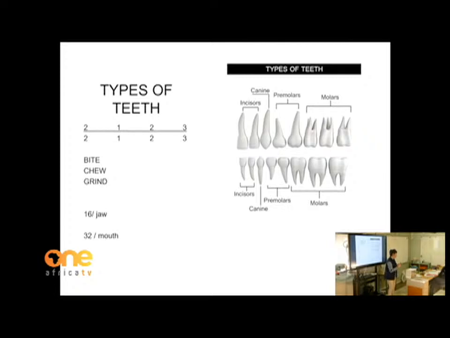So you will have to remember the teeth formula is incisor, canine, premolar and molar, and you will have to count how much of each there are in half of the jaw. And that will give us 16 teeth per jaw and 32 in the mouth.